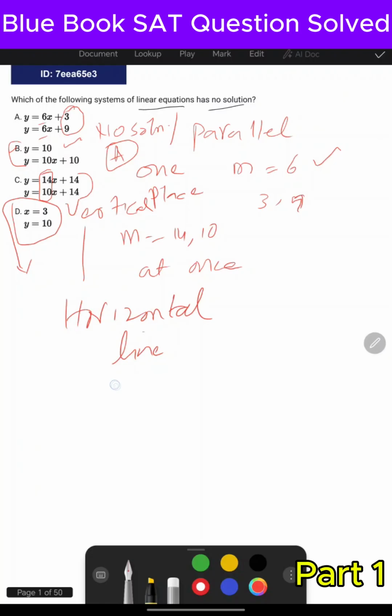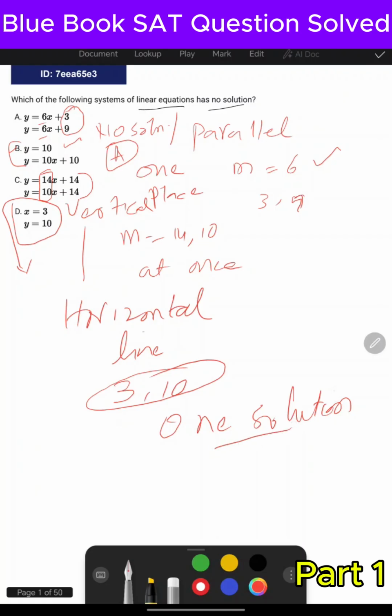They will intersect at the point (3, 10), which means they have one solution. So as per the question, only option A gives us no solution.